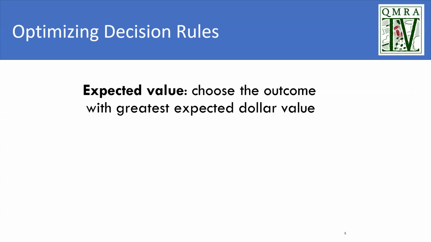And if we were doing such, we would want to choose the least costly option. But if we're truly doing a cost-benefit analysis, our benefits would be positive, our costs would be negative, and then we can use expected value to choose the option with the greatest expected value.